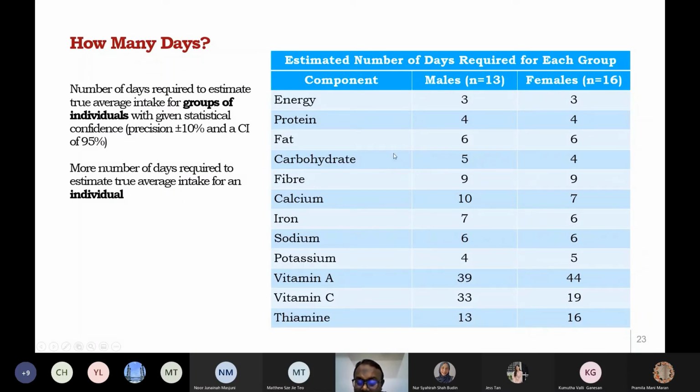The reference time is up to us to set, whether it's over 1 month, over 1 week, or over a year. Okay.